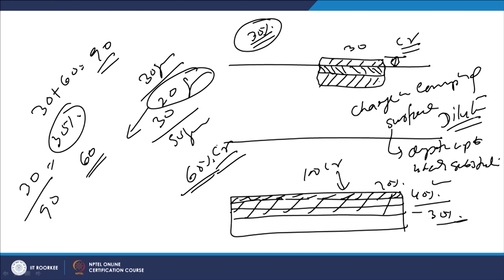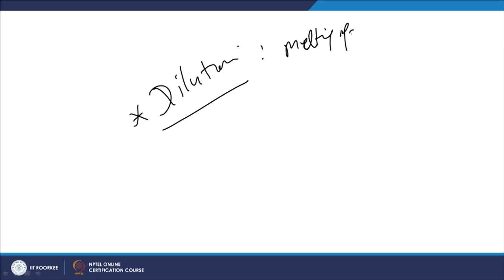However, it is sufficient just to ensure that proper mixing of the base metal with the alloying element is taking place, so that a good metallurgical bond and good compositional modification can be facilitated. So, this is the general approach. One thing which is important in governing the composition of the surface layer is the dilution which is happening due to the melting of the substrate.